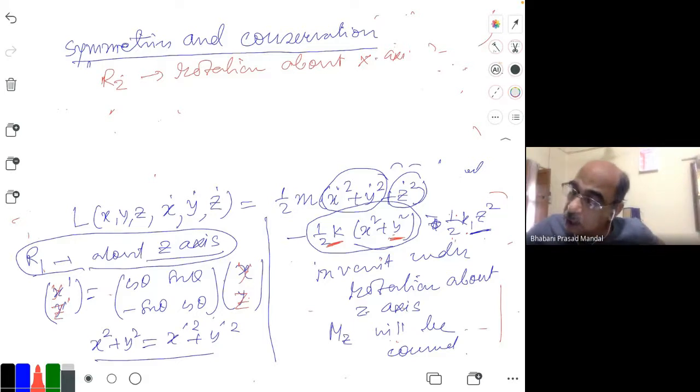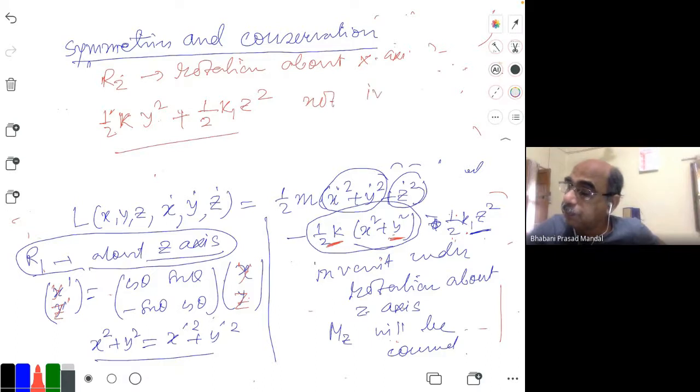So this half k y square plus half k1 z square is not invariant under R2, this rotation about the x axis. Of course, x is invariant, so the x terms will be invariant.